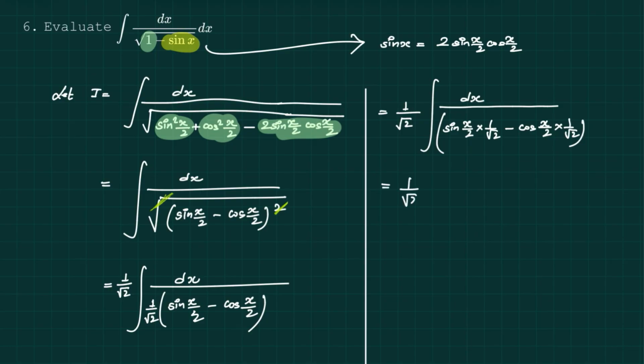See, the purpose of multiplying and dividing with the specific number, that is 1 by root 2, is that we know that sin 45 is also 1 by root 2 and cos 45 is also 1 by root 2. So instead of this 1 by root 2, let us write cos 45. So here it will be sin x by 2 cos 45 minus cos x by 2, and instead of this 1 by root 2, let us write sin 45.